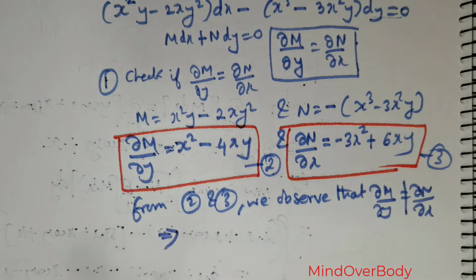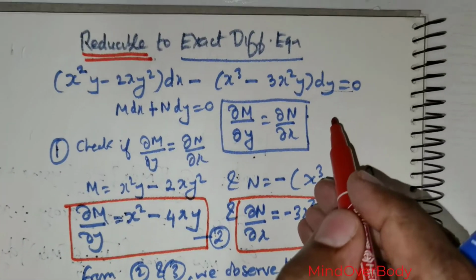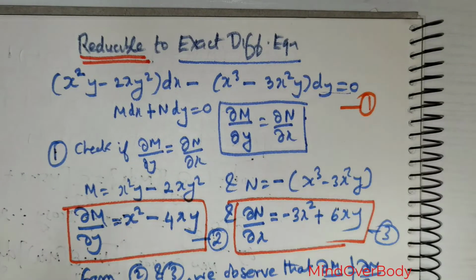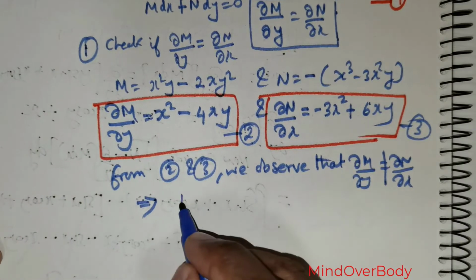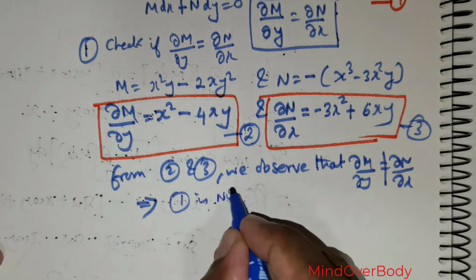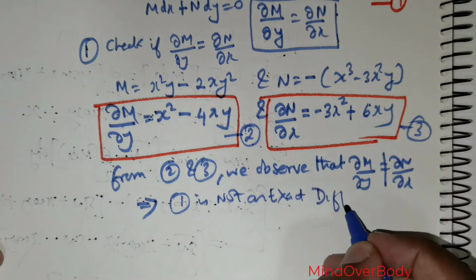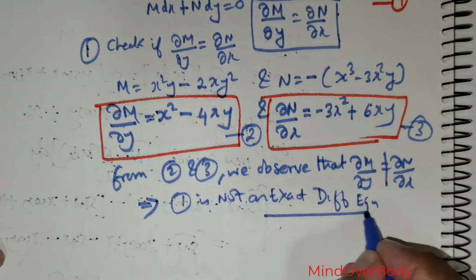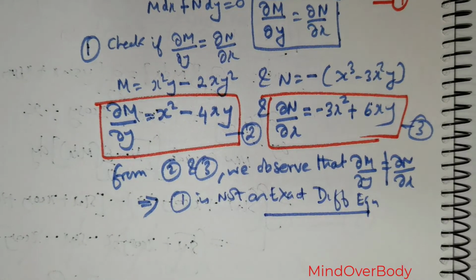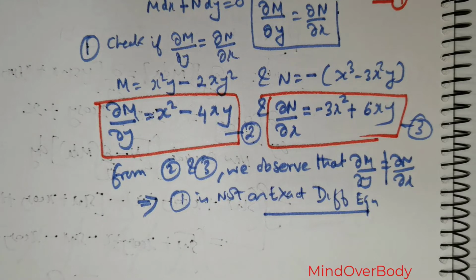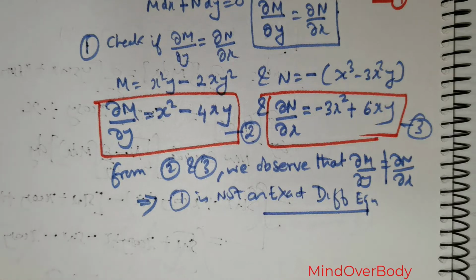So this would mean that equation 1 is not an exact differential equation. So the question is, how are we going to convert it into an exact differential equation?